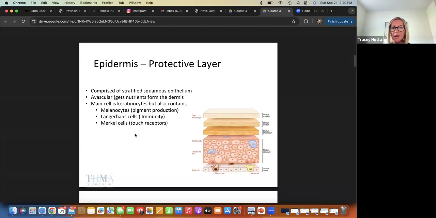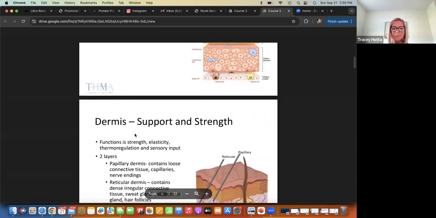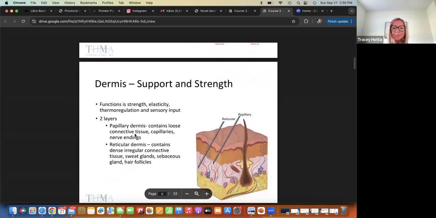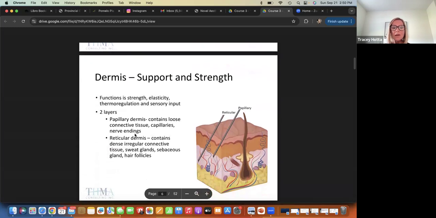As you can see, the epidermis is comprised of the stratum corneum, the stratum lucidum, the stratum granulosum, the stratum spinulosum, and then the stratum basale, which is the deeper layer of the epidermis. And then in the dermis, we have different layers as well. The dermis is where most of the magic happens when we are doing a lot of our skin quality treatments.